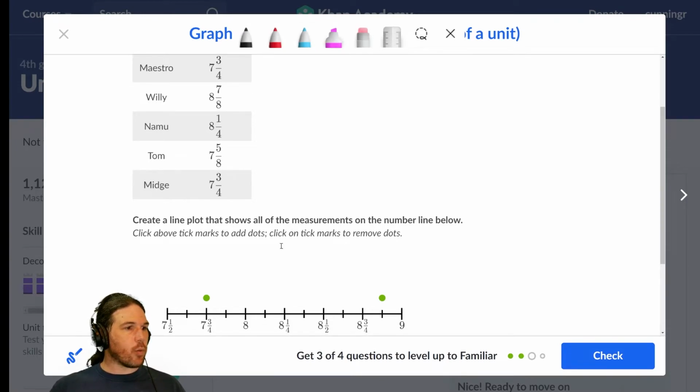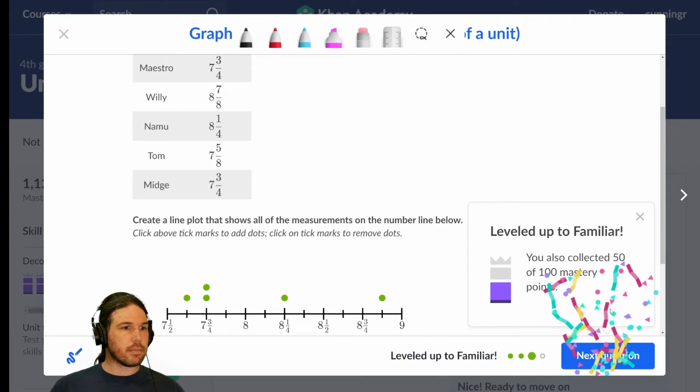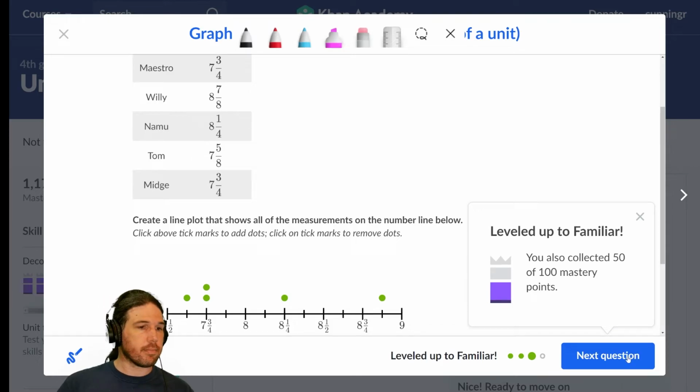Namu is 8 1/4. That is labeled, so we can just go ahead and put it on there. 7 5/8. Here is 7 1/2, which is 7 4/8. So 7 5/8 is right there. And then we have another 7 3/4. I think our graph is done. Next question.